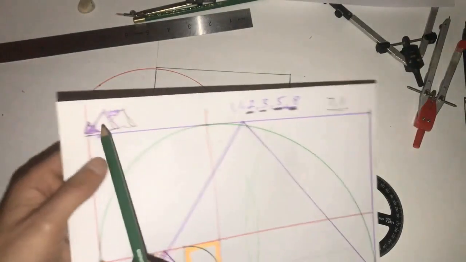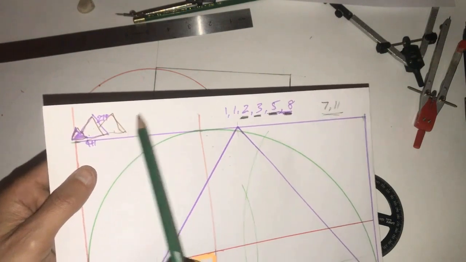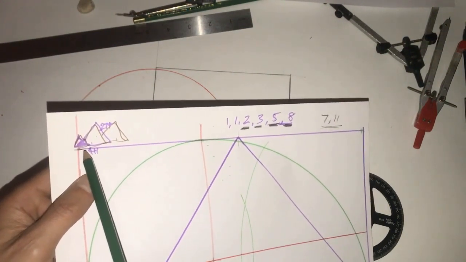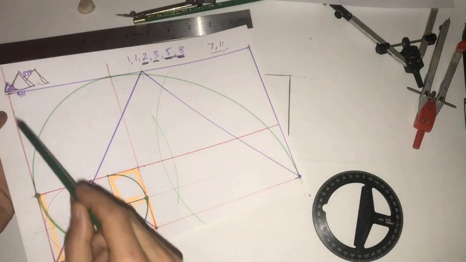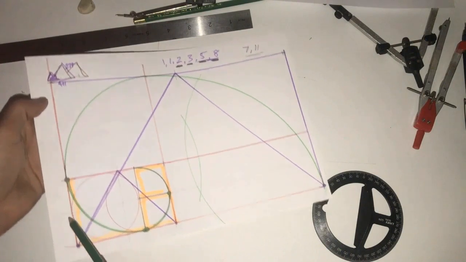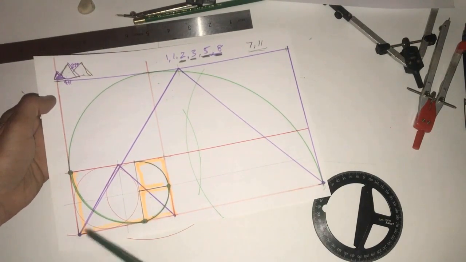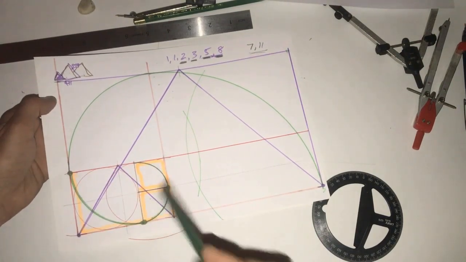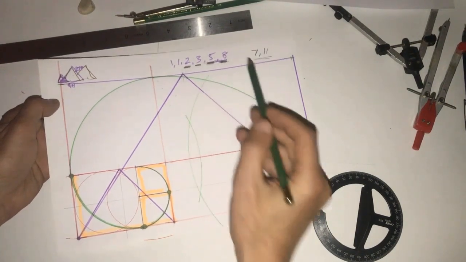I'll put an illustration here, but we have the three Giza pyramids: Menkaura, Khafre, and Khufu, or the Great Pyramid. The Menkaura, the smallest of the three, is 125 Egyptian royal cubits high, 200 Egyptian royal cubits wide. That's this triangle here. That's the smallest of the three, the Menkaura Pyramid, which is 8 wide by 5 high.